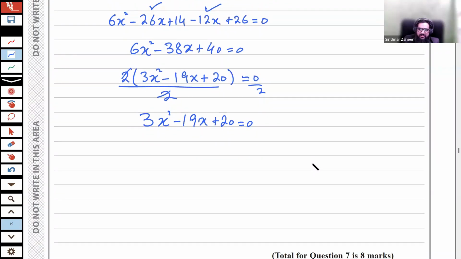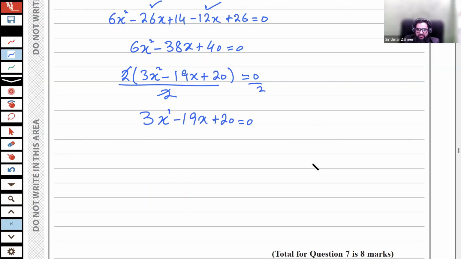Okay, now I have an option. We can do the middle term breaking and we can do the completing square method. It's your choice. So I will do the completing square. I will do the quadratic formula, sorry. That is the easier one. We have a is equal to 3, b is equal to minus 19, and c is equal to 20. Yes, Mustafa, what is the quadratic formula?